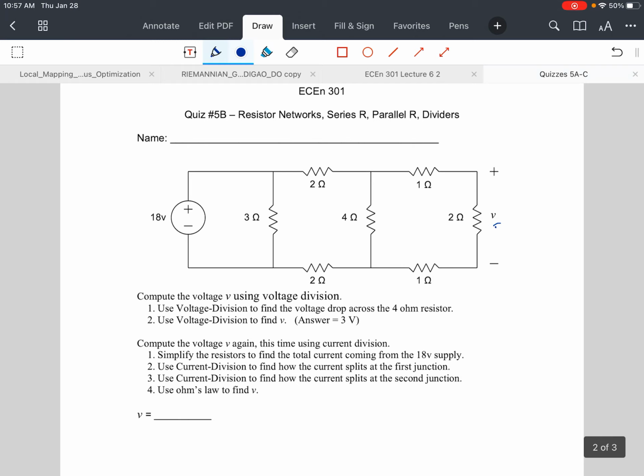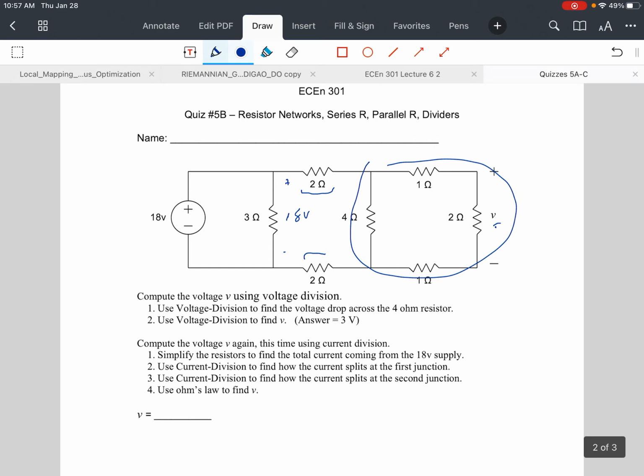The basic strategy: the first thing we notice is that from here to here there's 18 volts. That 18 volts is going to get split using a voltage divider across this resistance, that resistance, and then the equivalent resistance here.